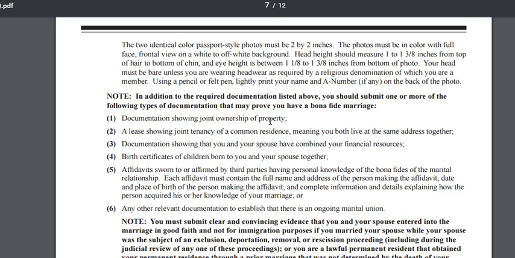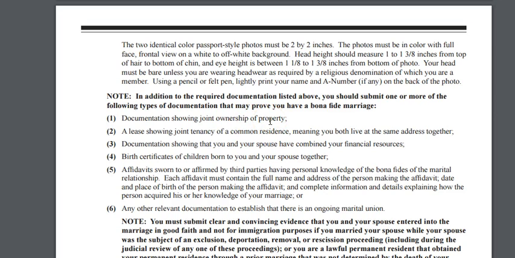If you have a lease with your name and your spouse's name, or a joint bank account, submit them. If you have kids, the birth certificates of children born to you and your spouse. That's good proof also.